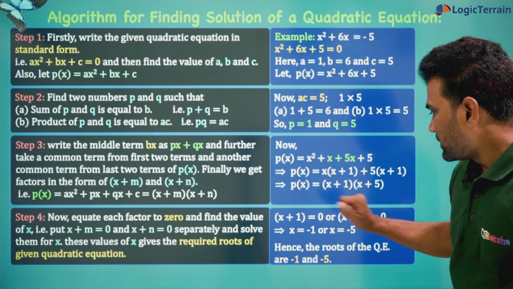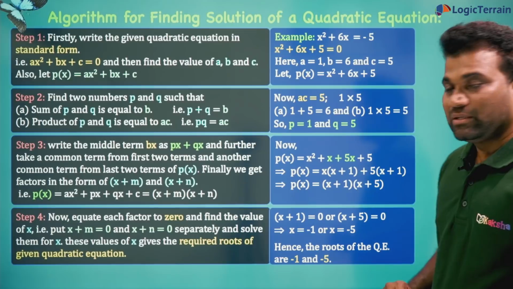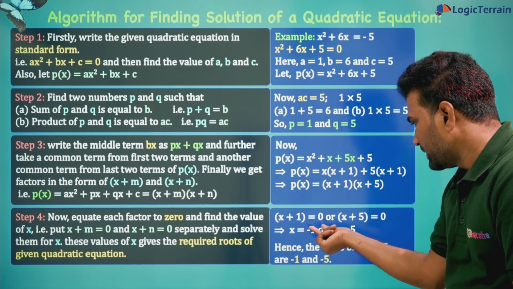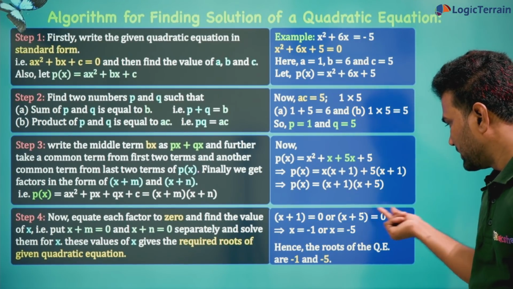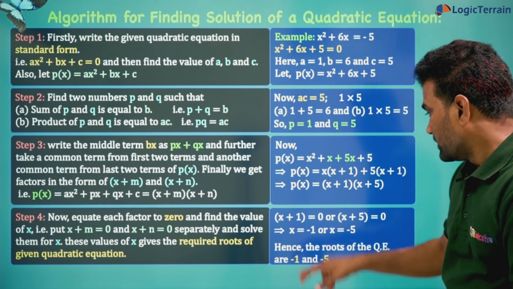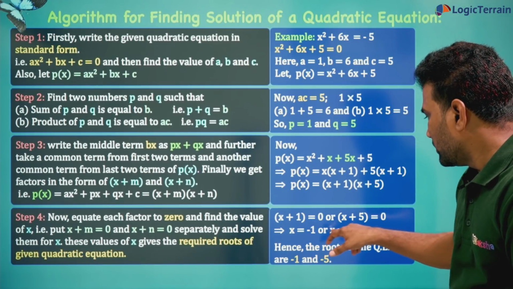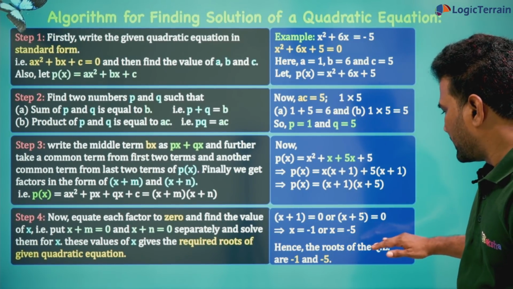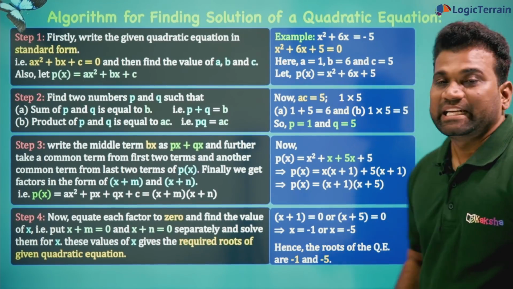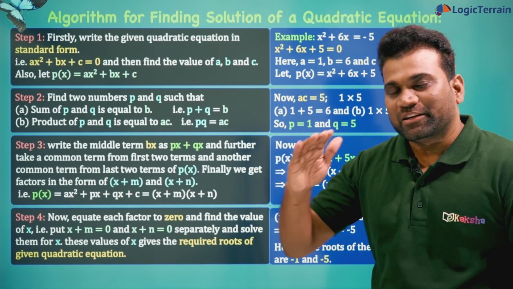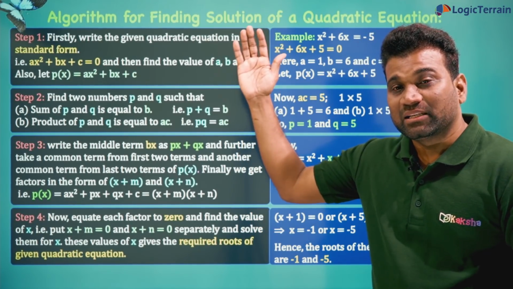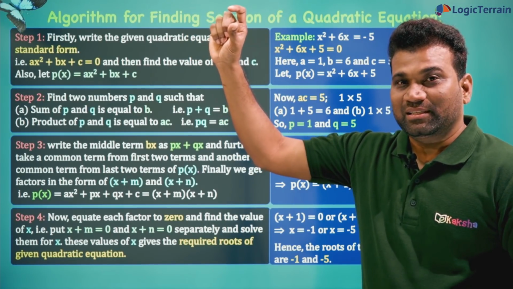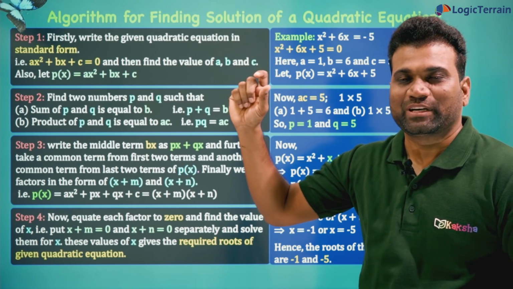x plus 1 is equal to 0 or x plus 5 is equal to 0. On simplifying further, shifting this positive 1 to this side becomes negative 1, and shifting this positive 5 to this side becomes negative 5. So x is equal to negative 1 or x is equal to negative 5. Hence the roots of the quadratic equation are negative 1 and negative 5. Clear? If you look back at the beginning, we said the roots of the equation are negative 1 and negative 5.